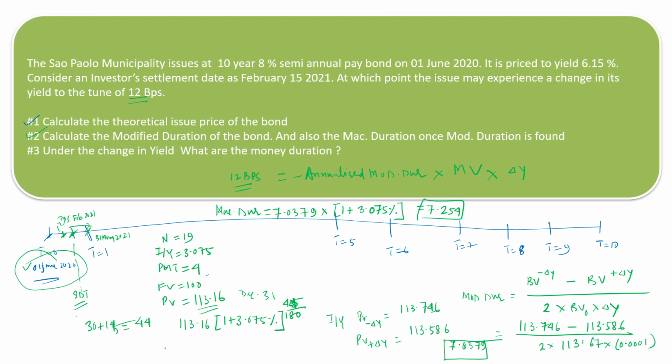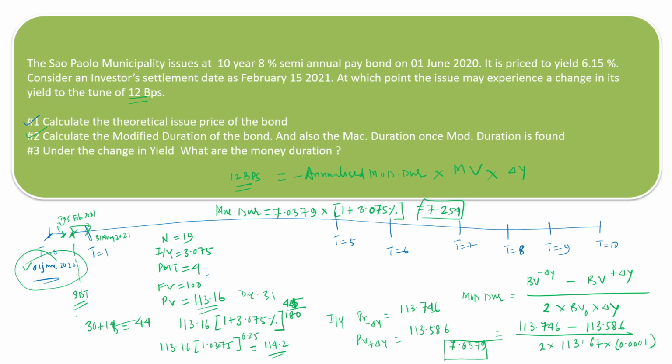So this is nothing but 113.16 multiplied by 1.03075 to the power 0.25. Once you do this math, this comes out to be close to 114.2.